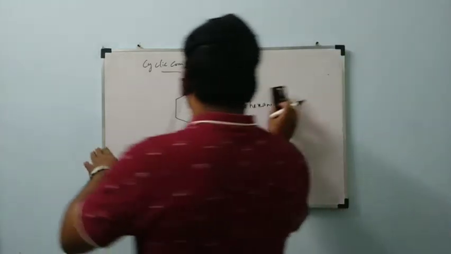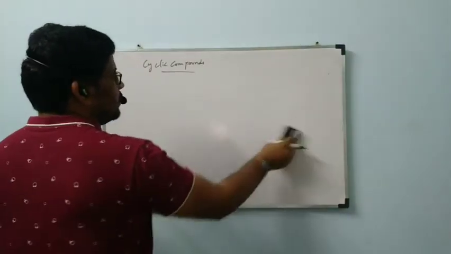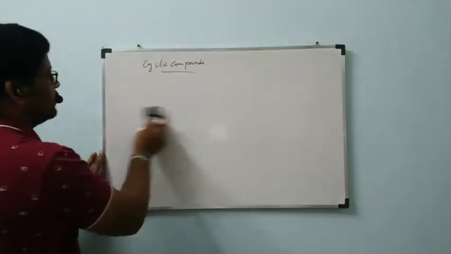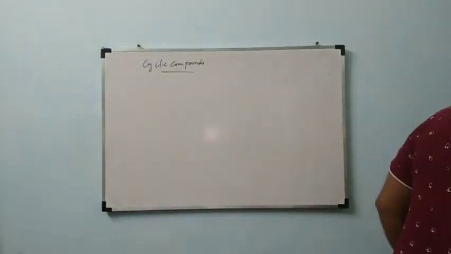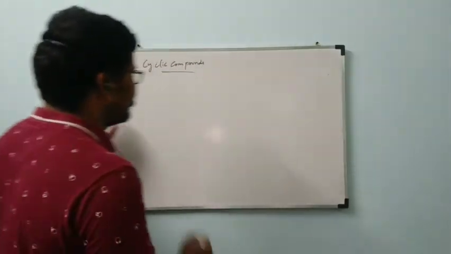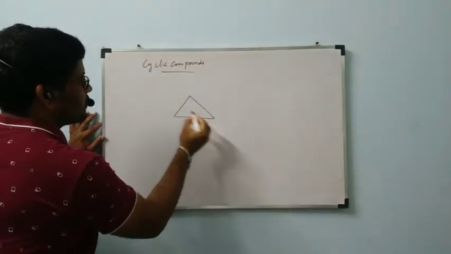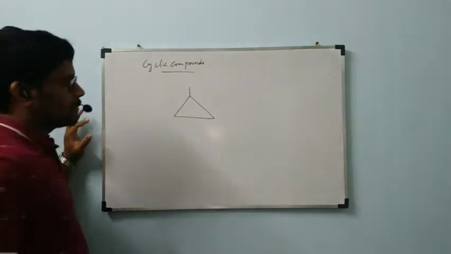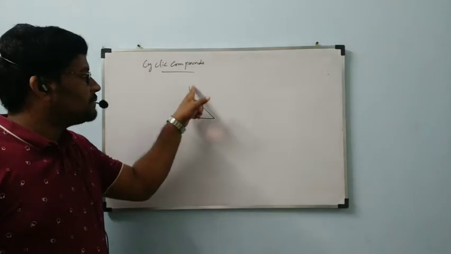Examples. Like this they give the compound. This is a carbon methyl group.